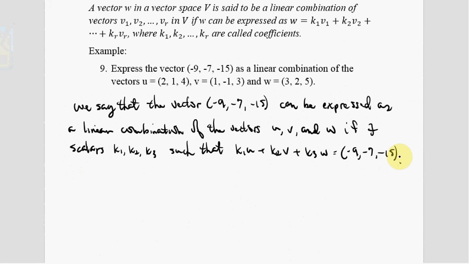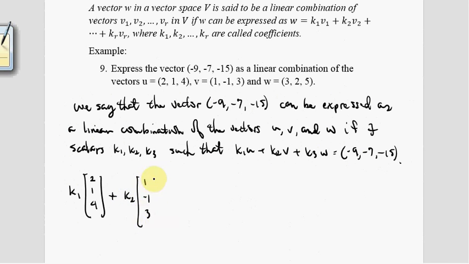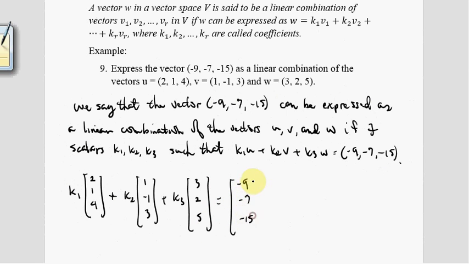So here, it's K1 times the vector U, which stands up, (2, 1, 4), plus K2 times V, which is (1, -1, 3), plus K3 times W, which is (3, 2, 5), is equal to the vector (-9, -7, -15).